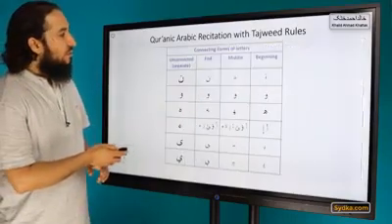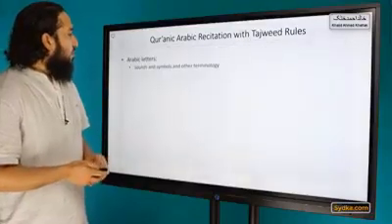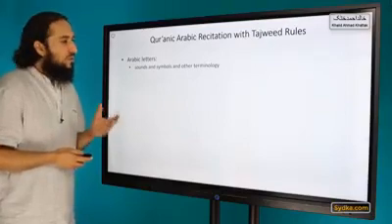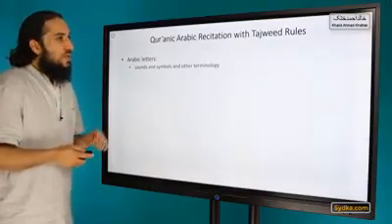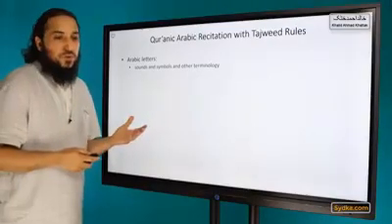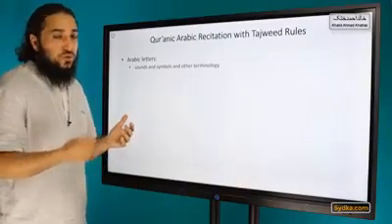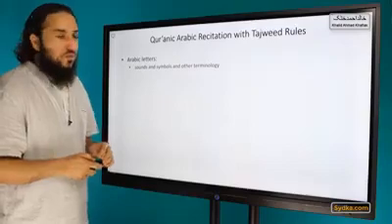Okay, I have another table for sounds and symbols. That should help you if you are reading Quran with some help in transliteration, or if you're doing research related to Quran.